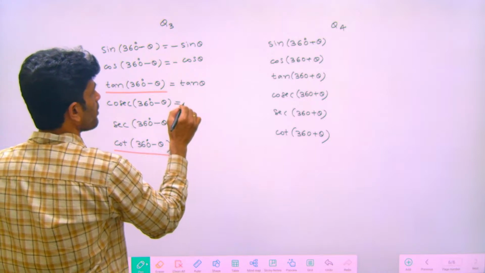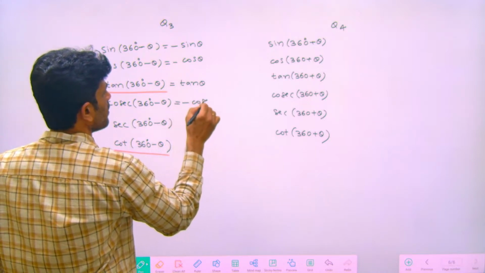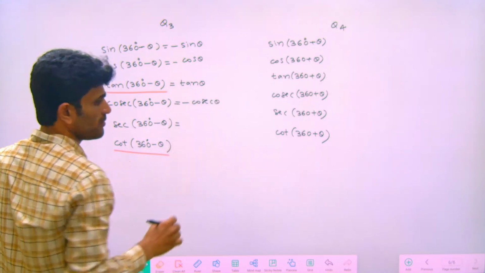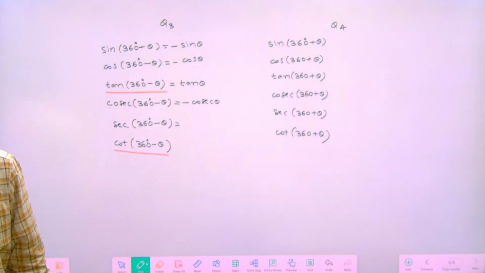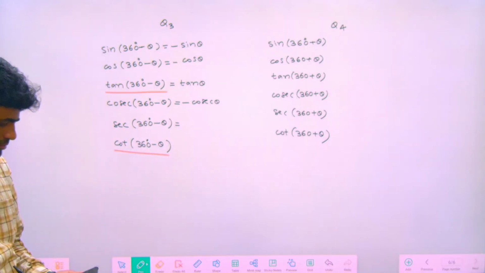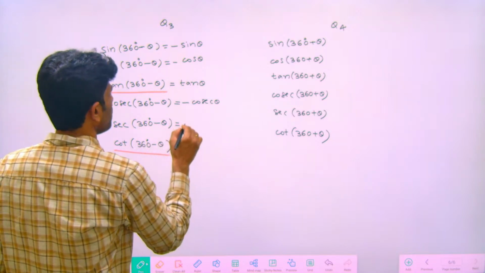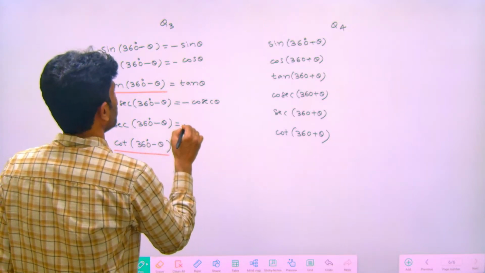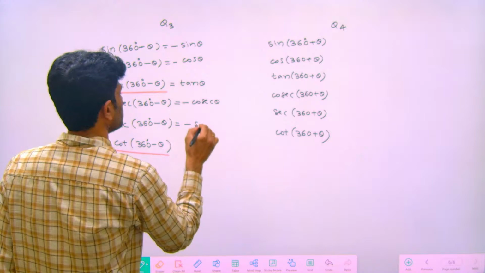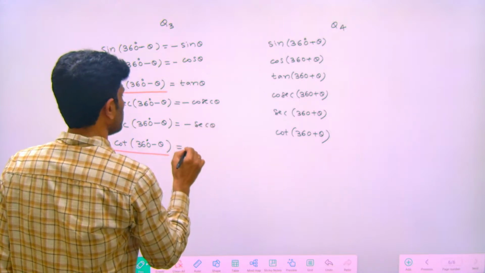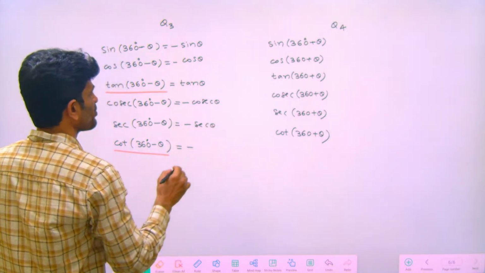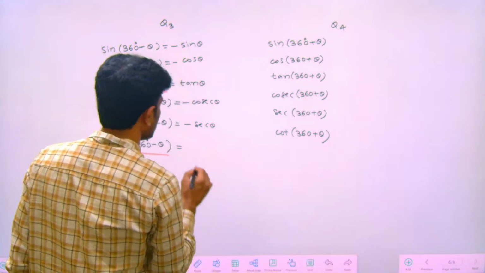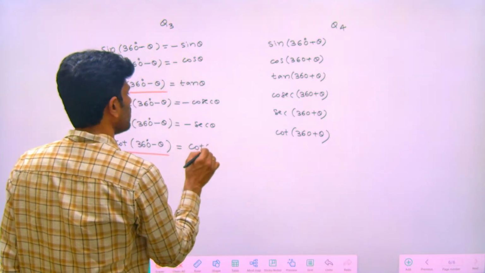This is minus cosec theta. This is minus secant theta. This is plus cot theta. It is not minus because in the third quadrant it is plus cot theta.